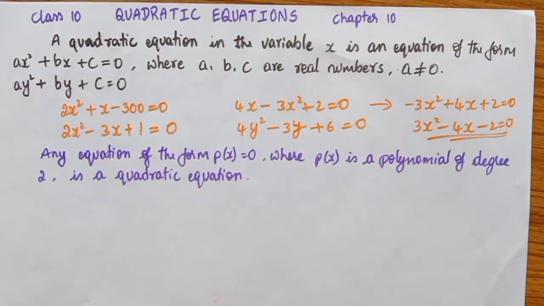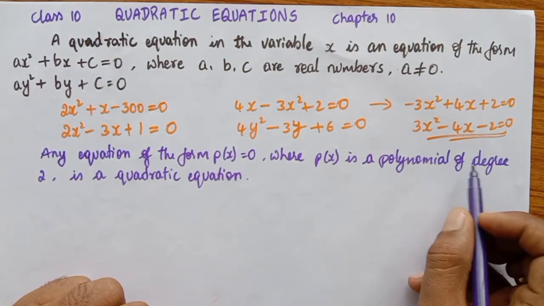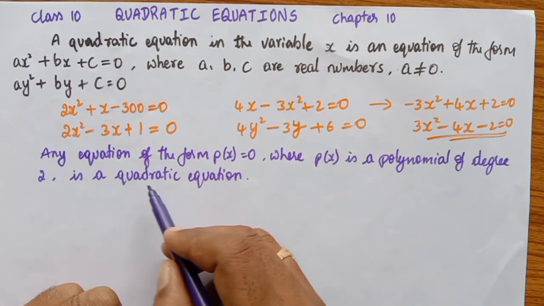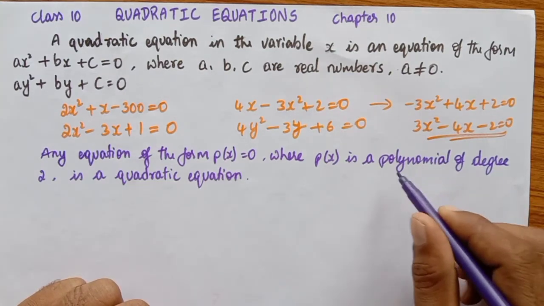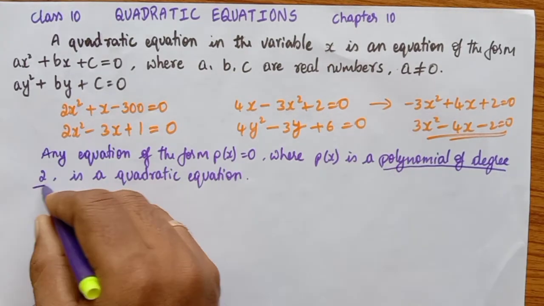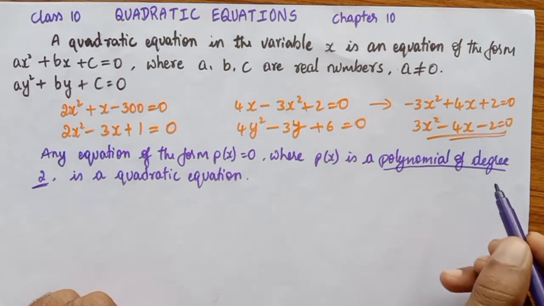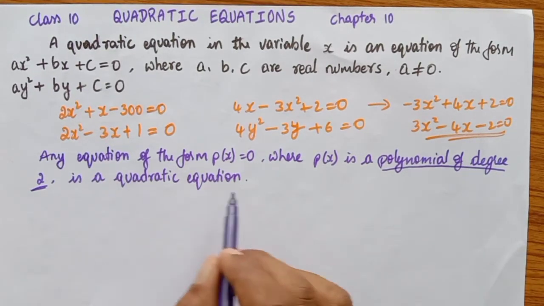Any equation of the form p of x is equal to 0, where p of x is a polynomial of degree 2, is a quadratic equation. Here we should understand that a polynomial of degree 2 is a quadratic equation.